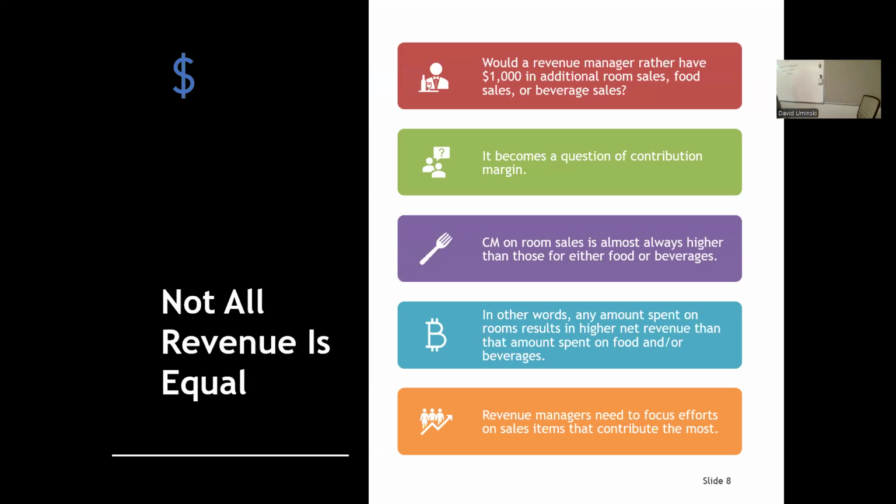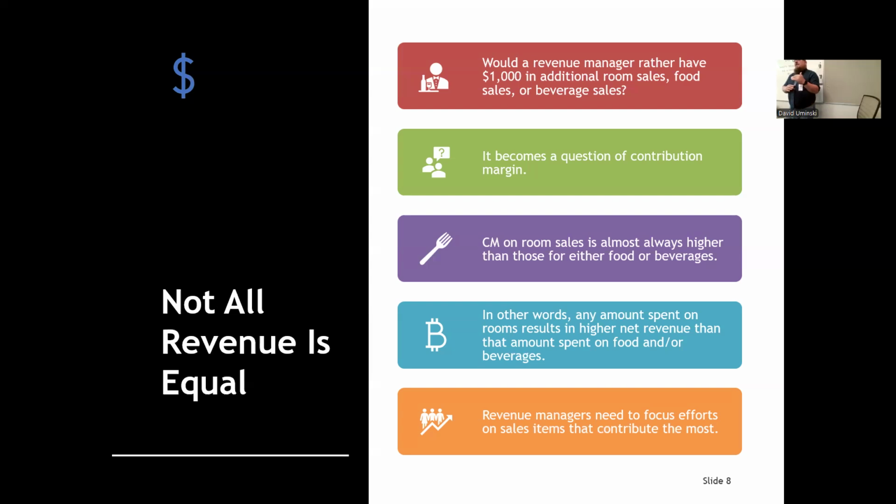If that guest books through Expedia that has a 20% commission, then I'm actually only going to get $80 of that. My costs are still the same. My cost to clean the room, to restock it, to wash the linens, to wash the towels, all that remains the same. So my contribution margin is lowered.